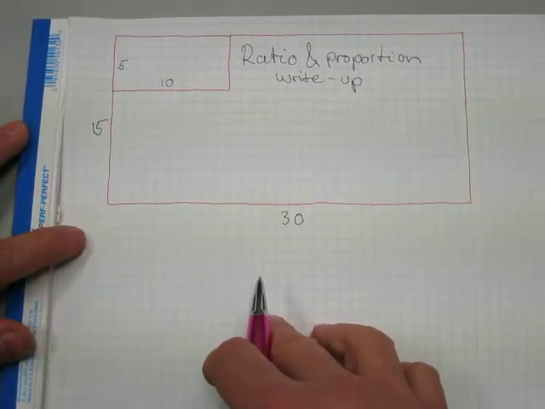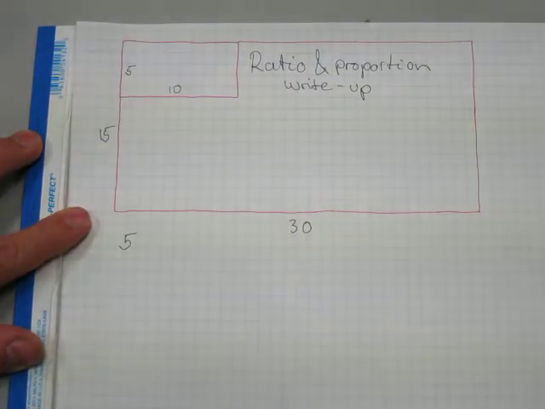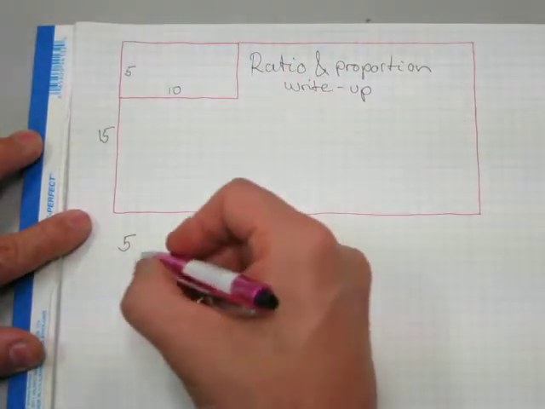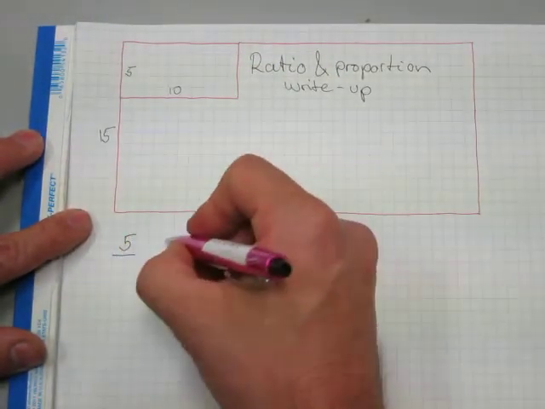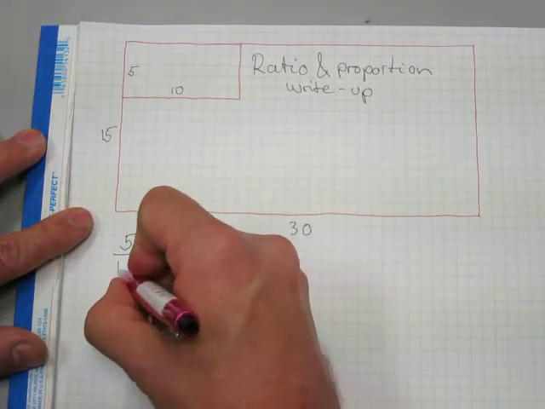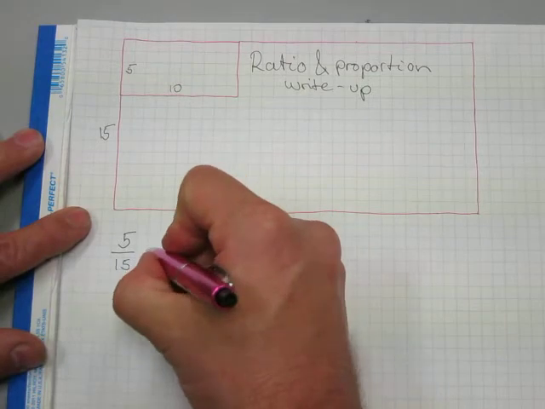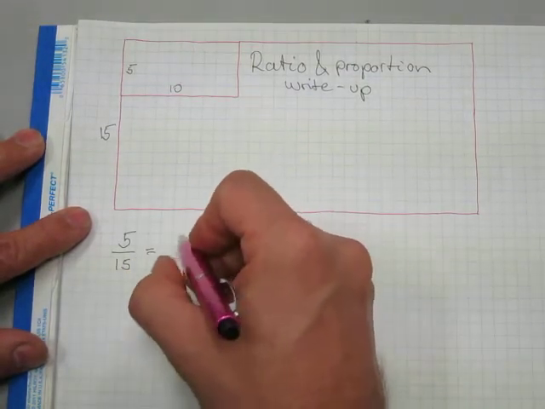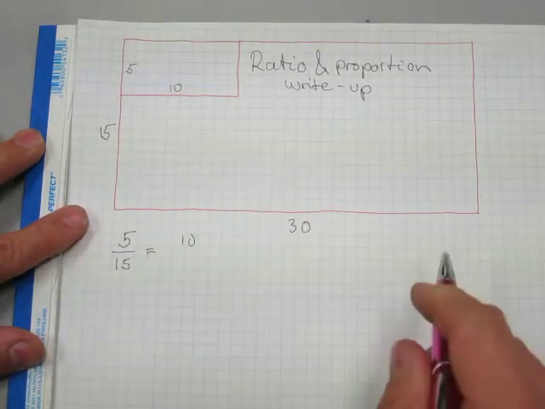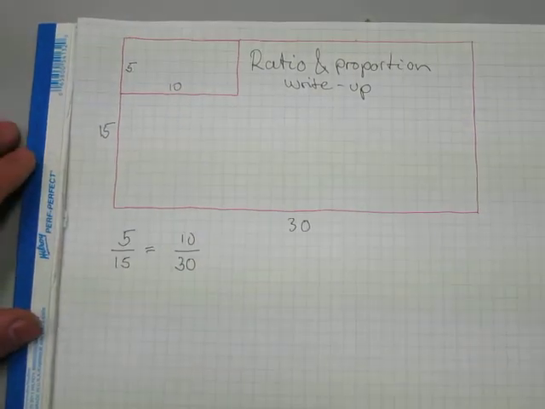To write up ratio and proportion, you can write it this way. 5, the short side on the small square, is proportionate to the 15, the short side on the big square, and the 10, the long side on the short square, is also proportionate to the long side on the big square.